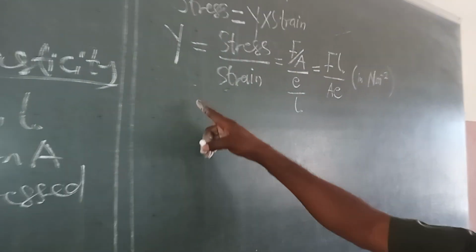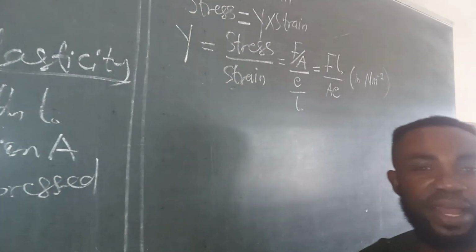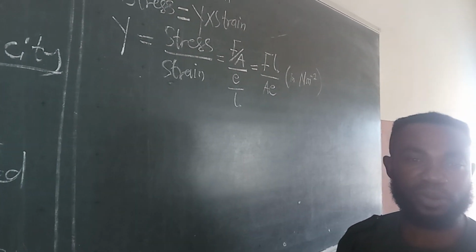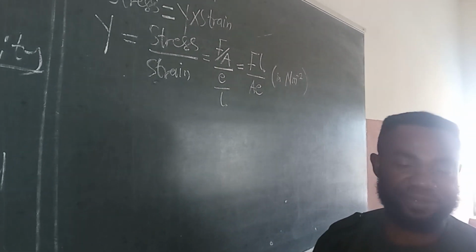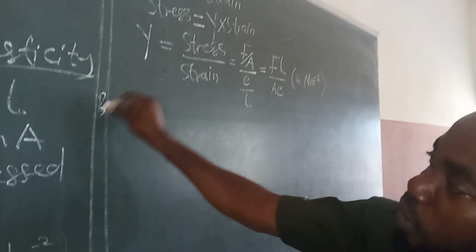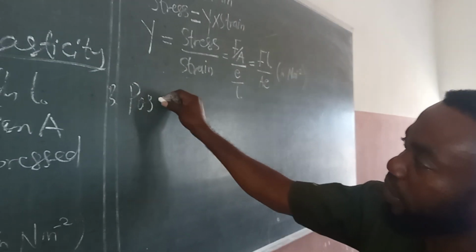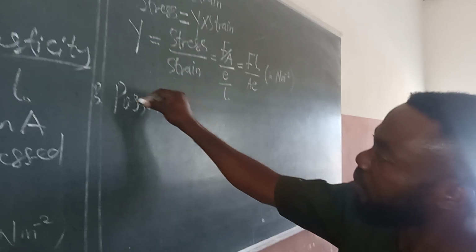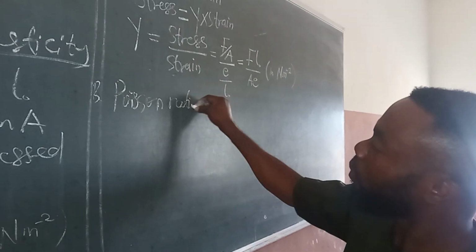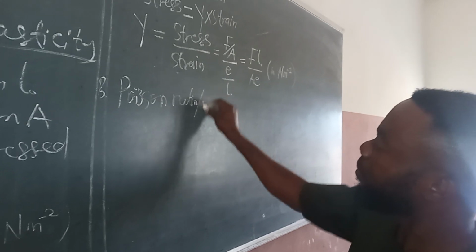Okay. Having known this, materials have their Young's modulus found in the tables of physics. We head straight to the second one, known as Poisson ratio or moduli.